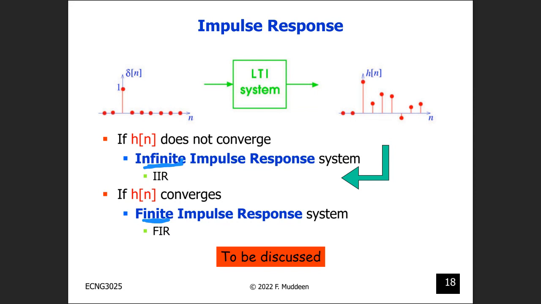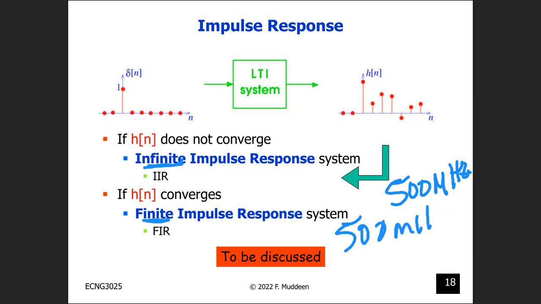So if you're going along at 500 megahertz, for instance, a single second worth of processing can generate, in theory, 500 million samples. So if a system has a response that goes on for 1 second, it will generate 500 million values, but it does stop. It is finite. What we're talking about is systems that will not stop.